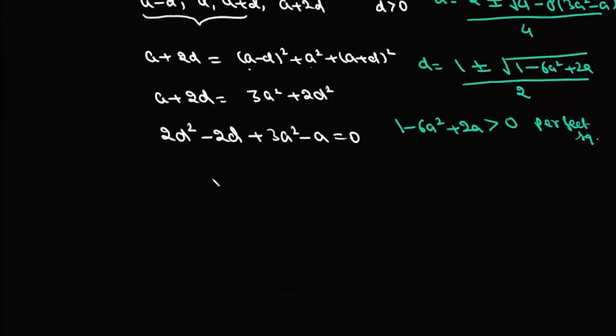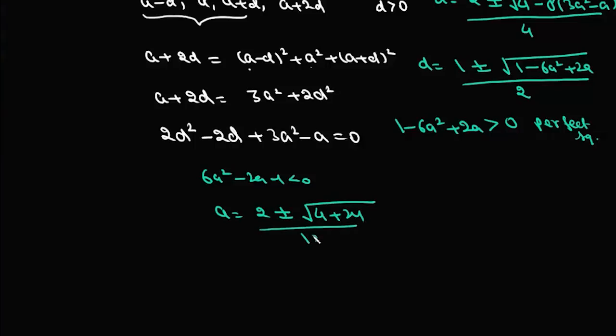Now if we simplify this, we can write 6a square minus 2a minus 1 is less than 0. The critical points are 2 plus minus under root of 4 plus 24, whole divided by 12, and this is 1 plus minus under root 7 divided by 6.